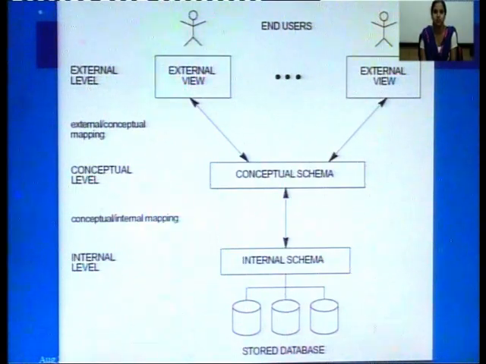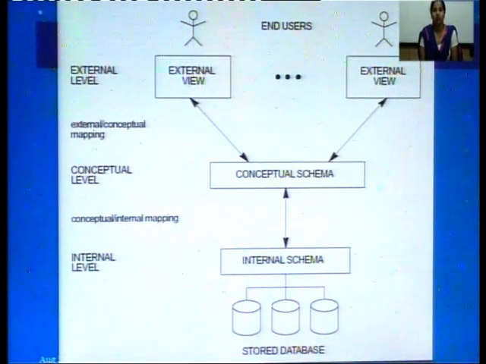Next is the conceptual schema. The conceptual schema tells the logical behavior of the table. After coming up from the bits and bytes, we describe the data in terms of entities, relationships and attributes.